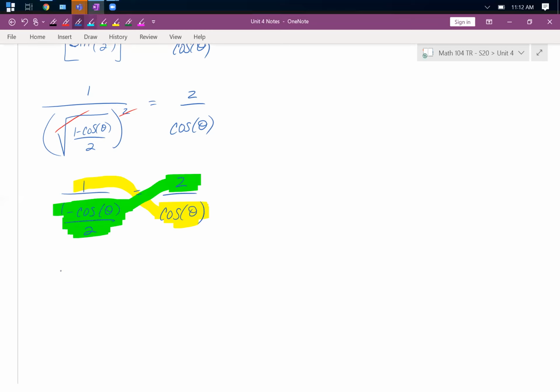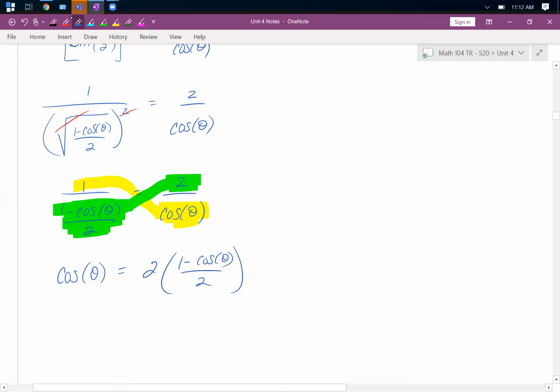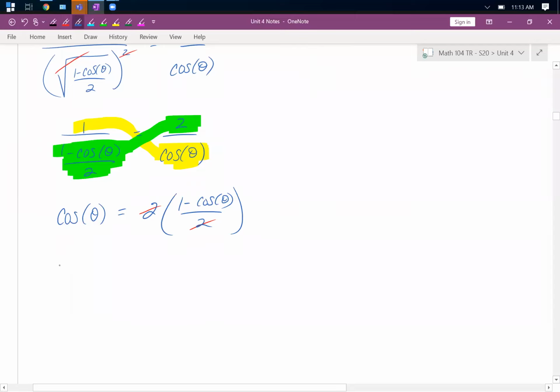So 1 times cosine will be cosine. And then we're going to have 2 times 1 minus cosine over 2. These 2's are going to cancel for us. Cosine is 1 minus cosine.